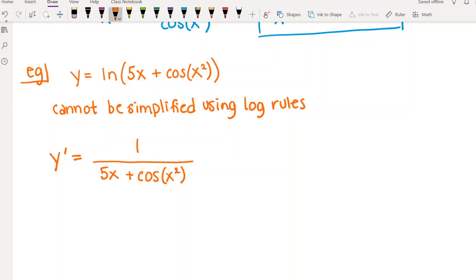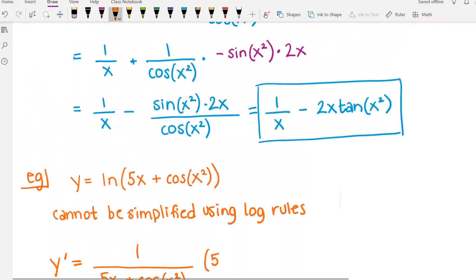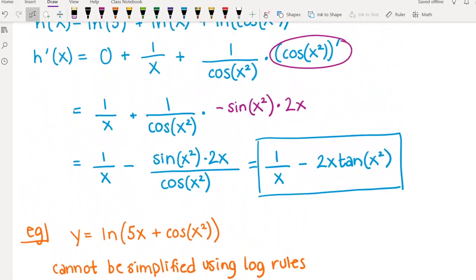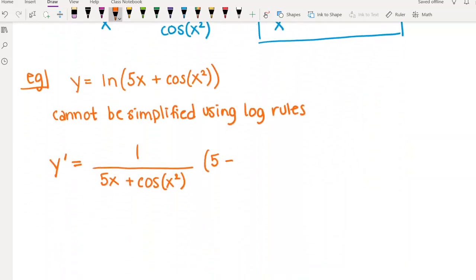What's the derivative of the inside function going to be? Well, the derivative of 5x is just equal to 5. And then cosine of x squared, well, we actually just did that, right? We found that the derivative of cosine of x squared was this. So we can use the chain rule on that. So we have negative 2x times sine of x squared.